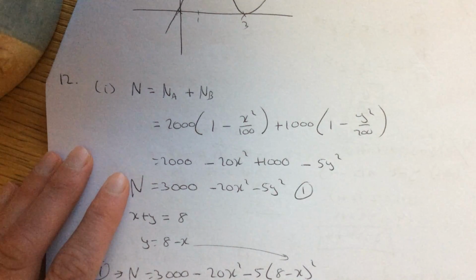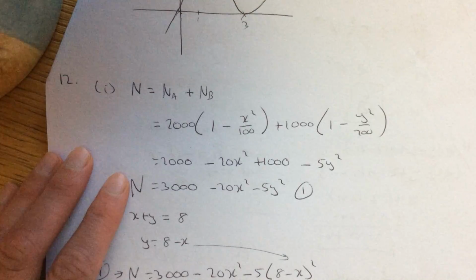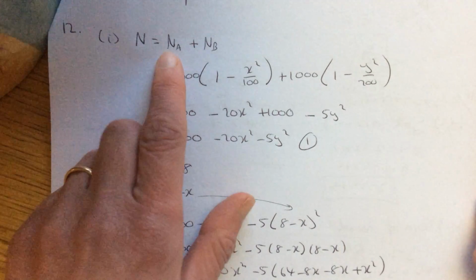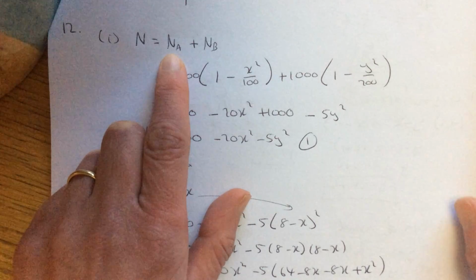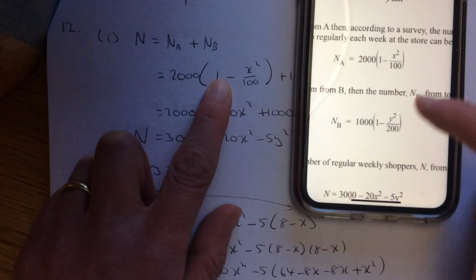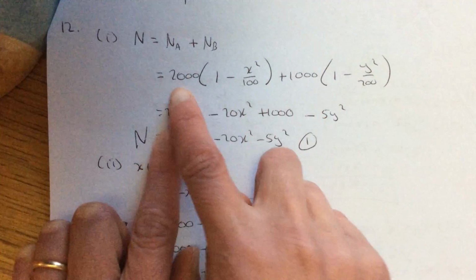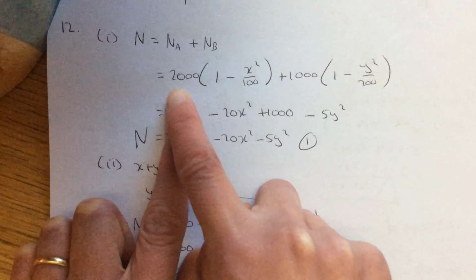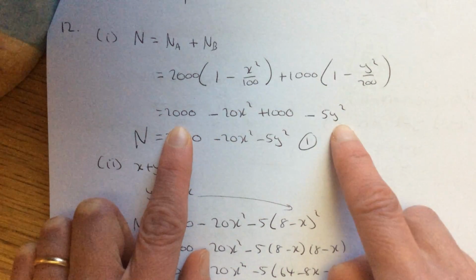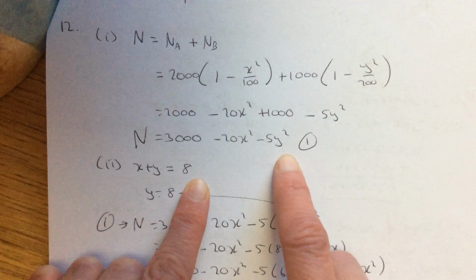Question 12 is not nice. I don't like question 12 myself. You've got the total number is NA plus NB. And that's your awkward NA and your awkward NB. What I did was times out the bracket, so it's 2000 minus 20x squared plus 1000 minus 5y squared, and then tidied that up.